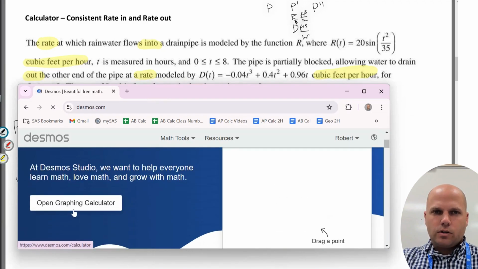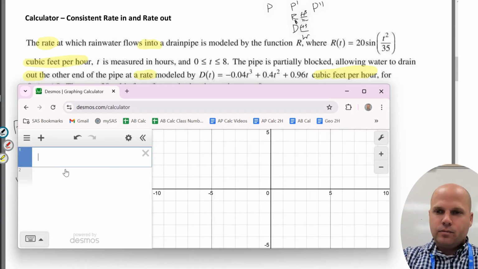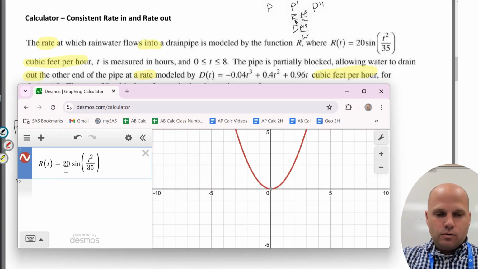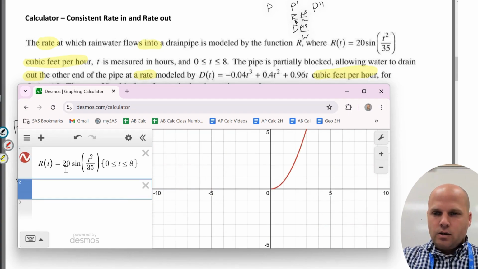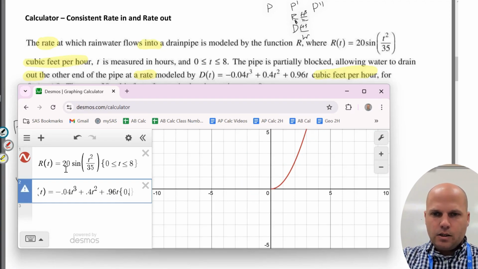And you are going to want to have R, have D, but more importantly, have V, which is R minus D. So I'm going to type in, as I see it, R. I'm going to start to restrict R and D. That way I don't have to see anything extra. Restrict this from 0 to 8.